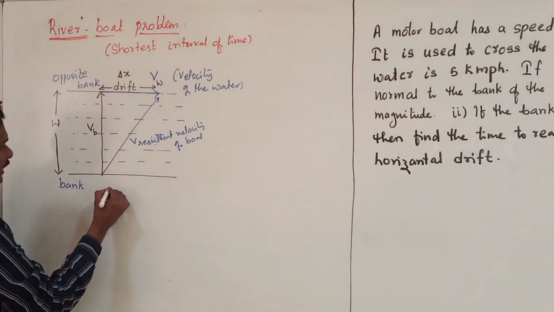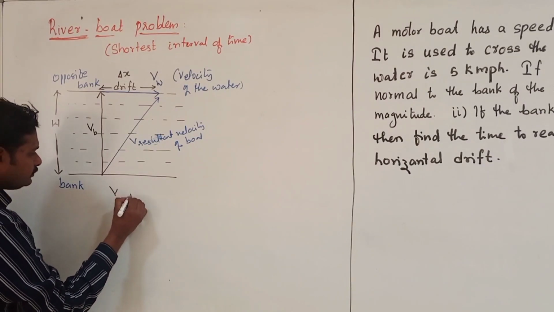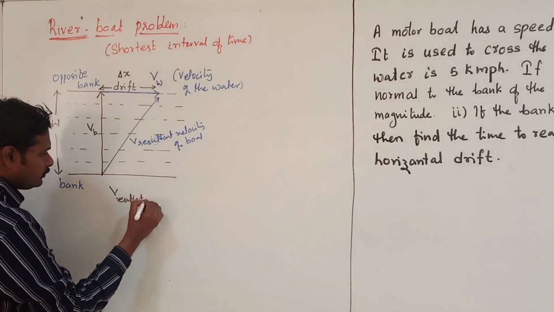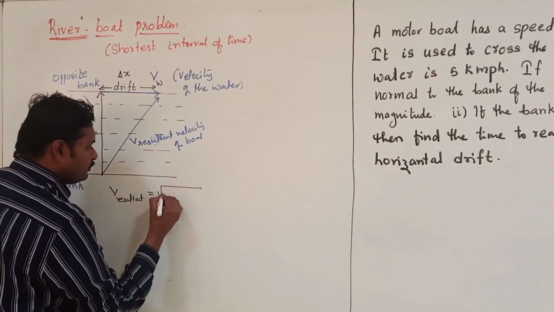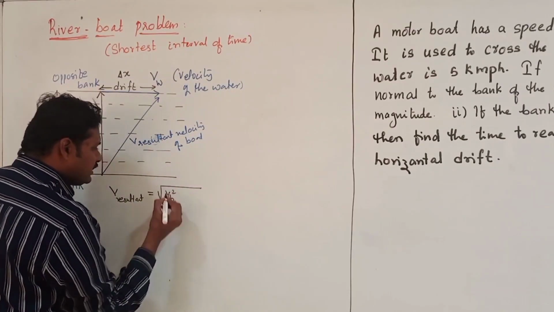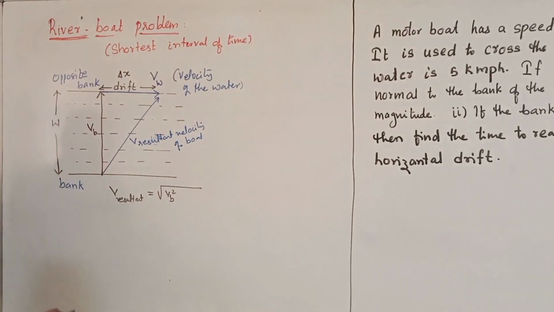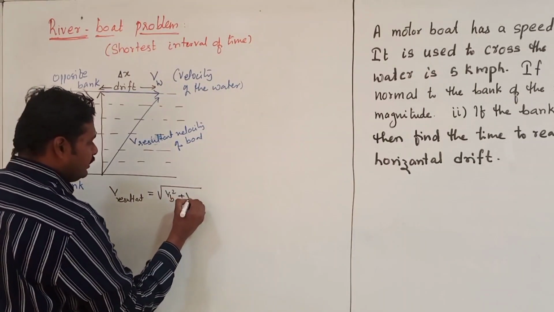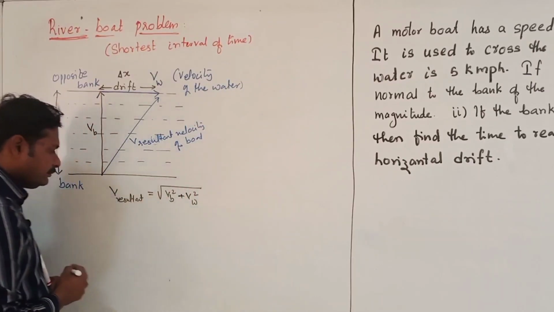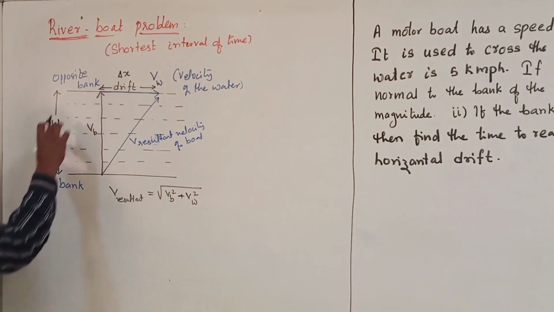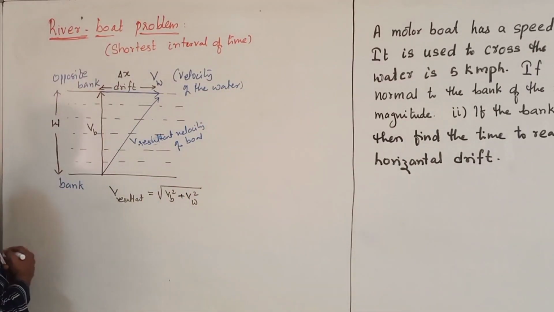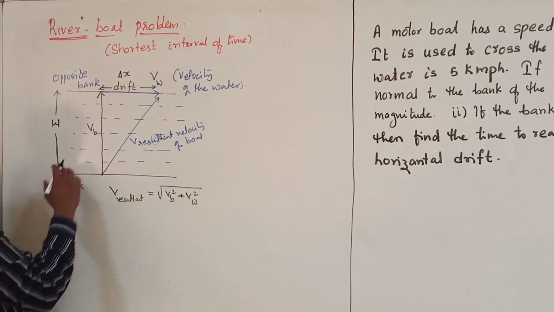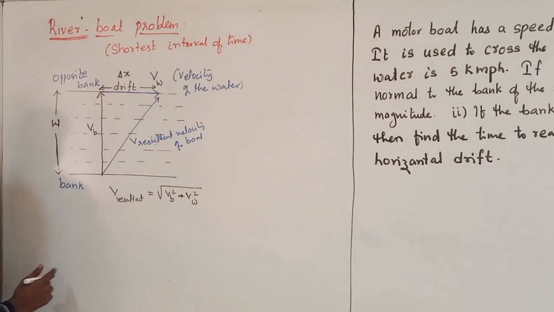Now the resultant is equal to the square root of the velocity of the boat in still water, which is given in the problem, plus the velocity of the water squared. Now how to find the time taken to reach the opposite bank?